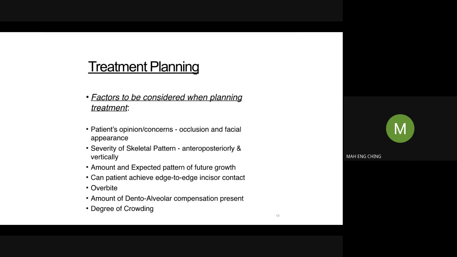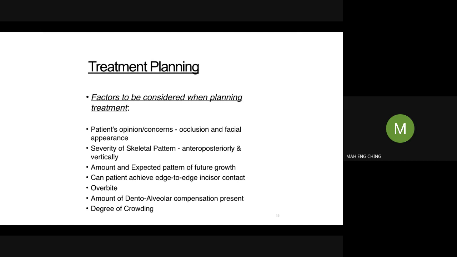The amount of dentoalveolar compensation present. This one also means how much upper incisor proclination and how much retroclination of the lower incisor is already present. Like we said before, when the patient tries to achieve the anterior oral seal or the competency of the lips, then usually they tend to retrocline the lower incisor and procline the upper incisor.